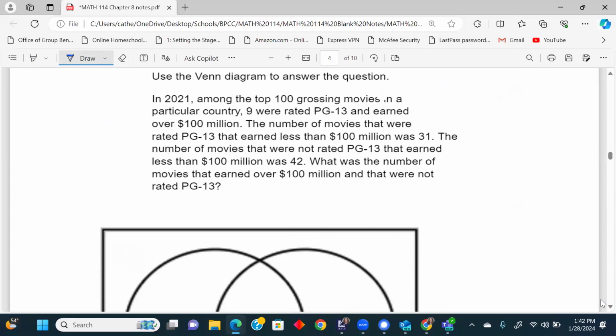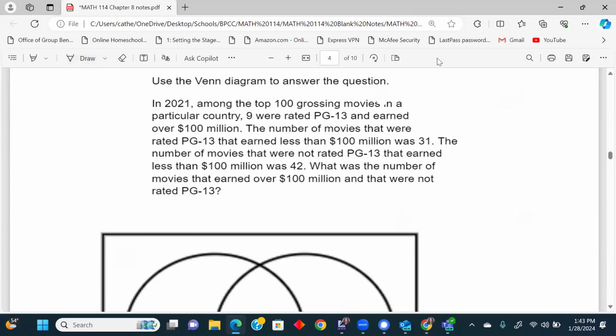All right, let's look at this. In 2021, among the top 100 grossing movies in a particular country, 9 were rated PG-13. So I'm going to write this out. Or 9. This is 100 total.